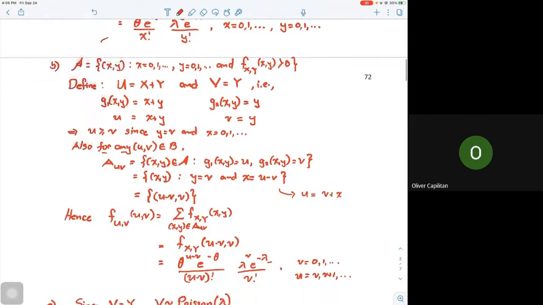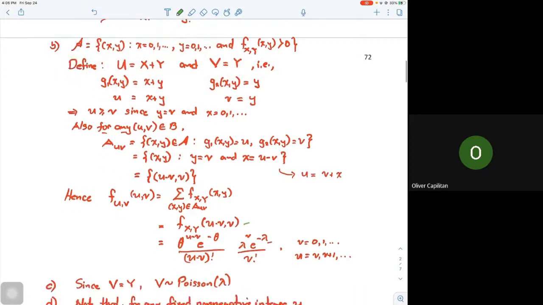In this case, the A sub UV has only one element, and that is the ordered pair with first component U minus V and the second component V. So the countable sum of our joint PMF of XY will just be the PMF of XY on the ordered pair U minus V and V.